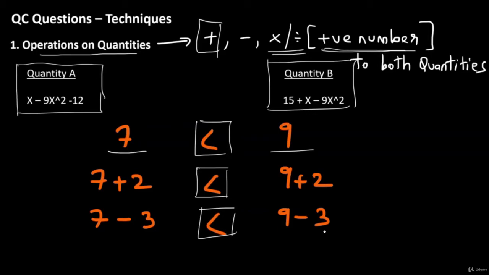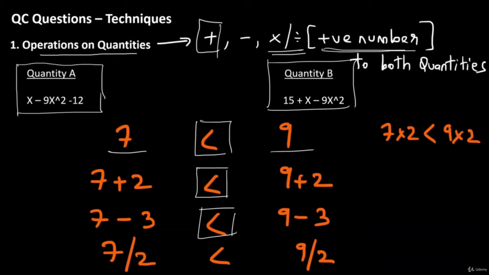Alright, now what if I divide and multiply by a positive number? So let's do that over here. I have 7 by 2 and 9 by 2 and I have 7 into 2 and 9 into 2. Now you can see that in both these cases, the sign remains the same, right? 7 by 2 is 3.5 and 9 by 2 is 4.5 and 3.5 is less than 4.5.